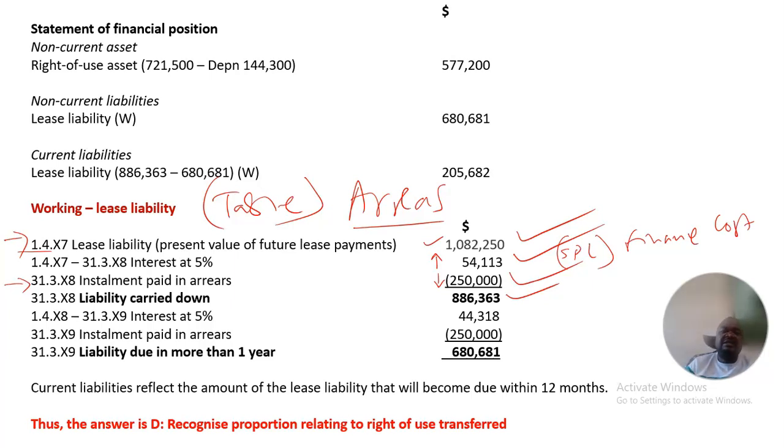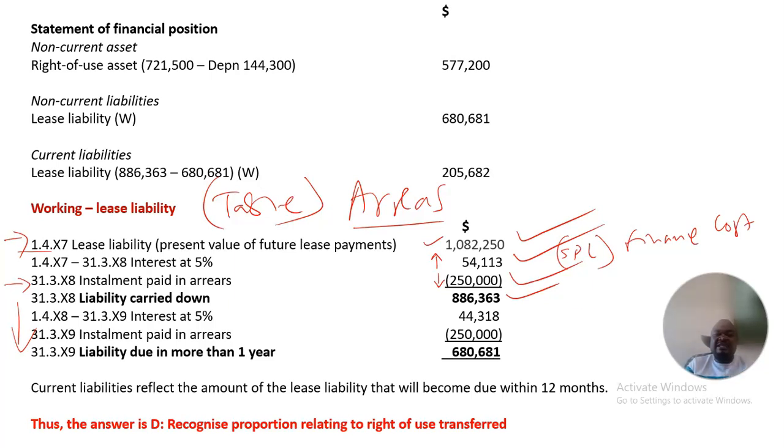Then we need to do some extra computations, because remember, if you don't do the extra computation, you're going to lie to yourself. You're not going to be able to come up with accurate records. So you need to compute an extra year. Why do you have to do that?